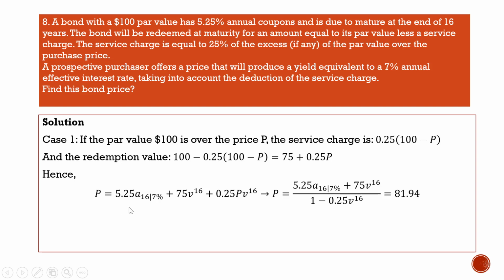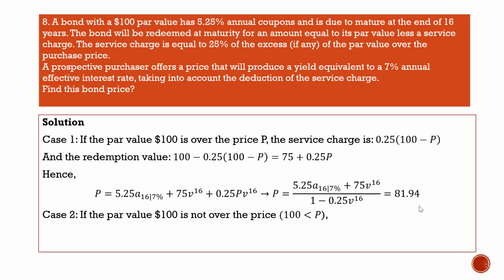So the price of the bond is the present value of all coupons, the coupon being 5.25, plus 75 and 0.25P received at the end of 16 years. So plus 75 v to the 16 plus 0.25P times v to the 16. And we solve this equation for P. So P is 5.25 a_16 at 7% plus 75 v to the 16, over 1 minus 0.25 v to the 16, and the answer is 81.94.